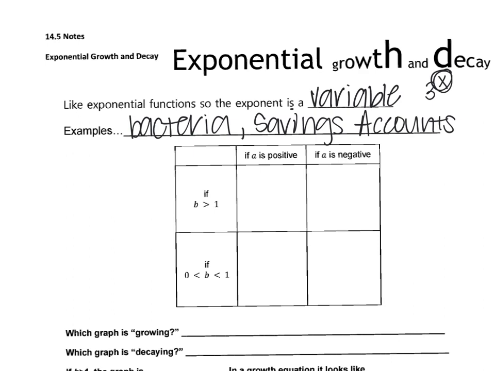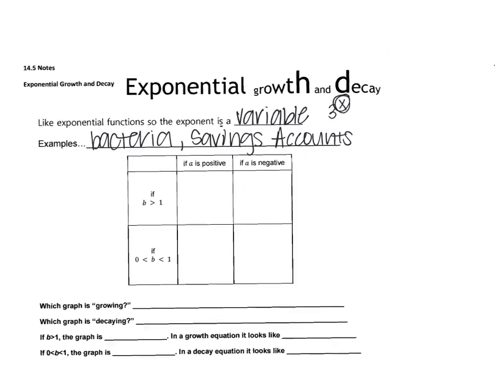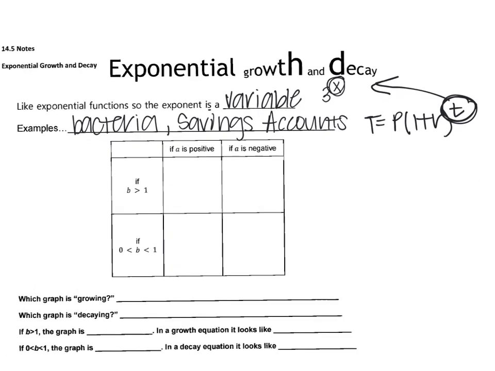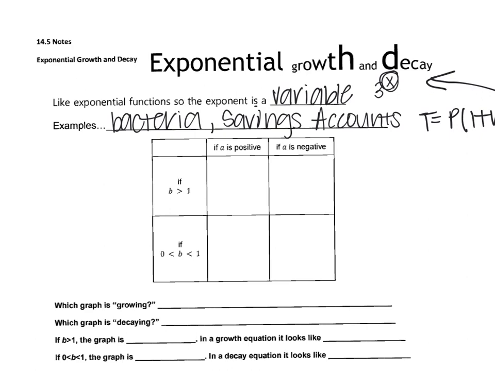When you were in 7th grade and you kind of talked about simple and compound interest, well, compound interest has the formula with t power. So as you can see, it's in the exponent. The formula has it to the exponent, so it's growing exponentially if you have compound interest. So those are some real life examples of how you would see exponential growth and decay in a real life scenario.